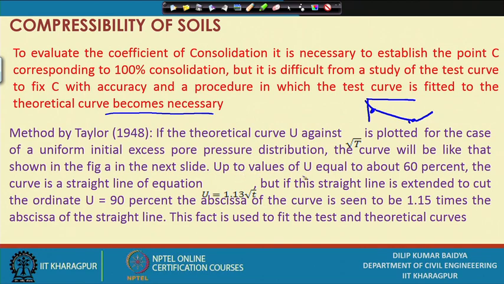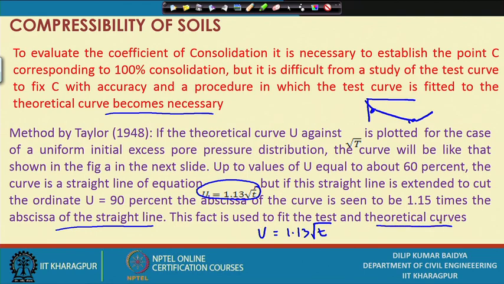Up to values of u equal to about 60%, the curve is a straight line of equation u equal to 1.13 under root t. But if this straight line is extended to cut the ordinate of u 90%, the abscissa of the curve is seen to be 1.15 times the abscissa of the straight line. This fact is used to fit the test curve to the theoretical curve.